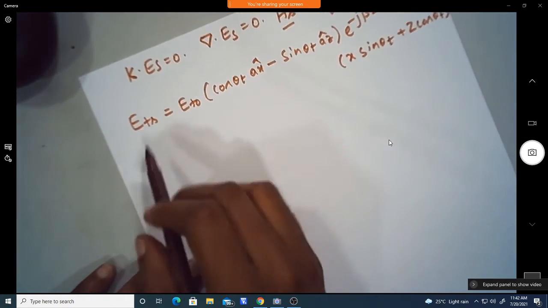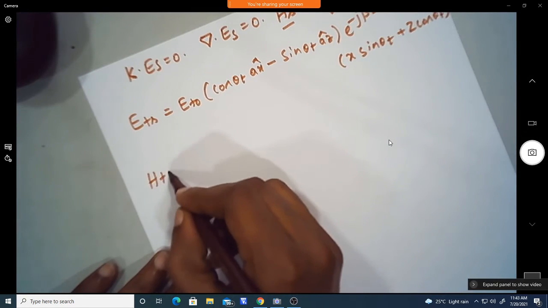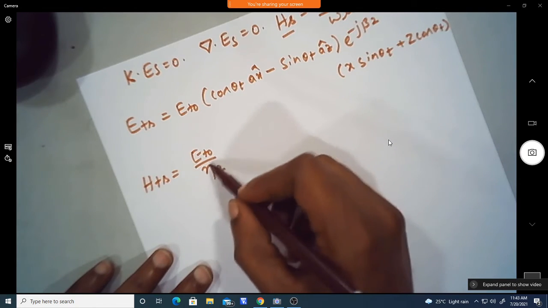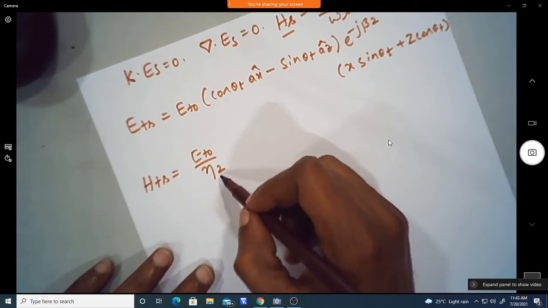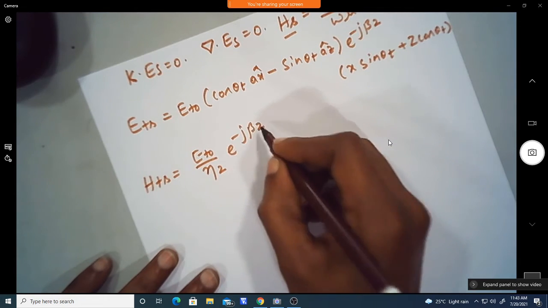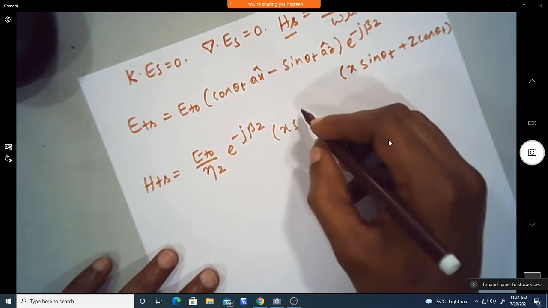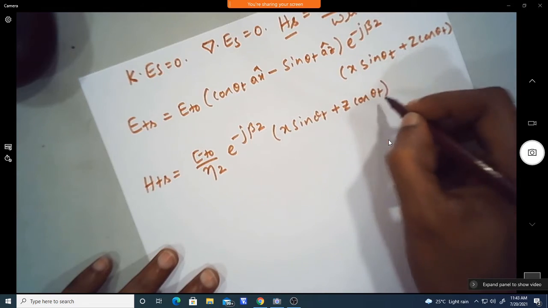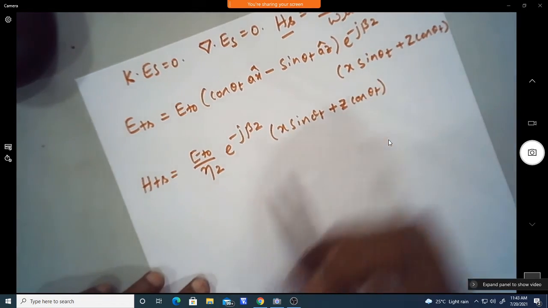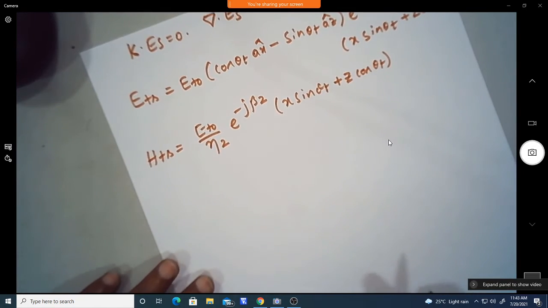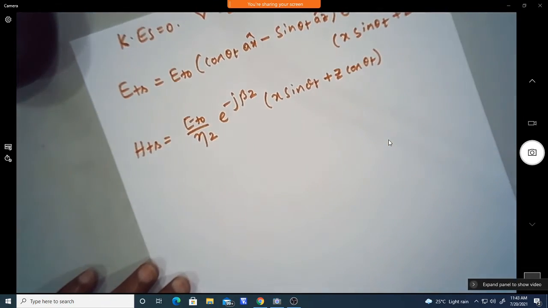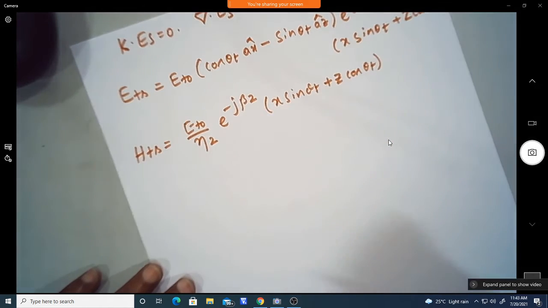So this is the transmitted electric field component, and the magnetic field component we can write as Et naught divided by eta 2 into e power minus j beta 2 into x sin theta t plus z cos theta t. So this is the magnetic field component. As I said, beta 2 is equal to omega root of mu 2 into epsilon 2, so that we can replace here, and with respect to beta, eta 2 we can find out from those parameters.